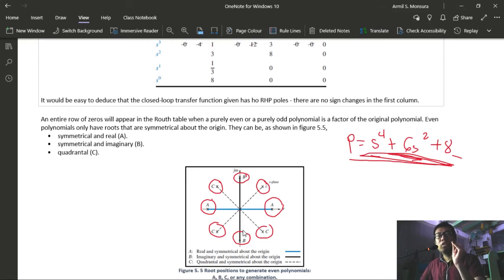Okay. So that is why we should be on the lookout for the fact na kapag nag-entire row 0 kayo, kailangan open tayo dun sa possibility na meron tayong j omega axis poles. Okay. So ayun, yun yung isang dapat natin tandaan sa case na to. Again, yung entire row of 0 of the route table is due to the fact na yung original polynomial nyo has an even polynomial factor.